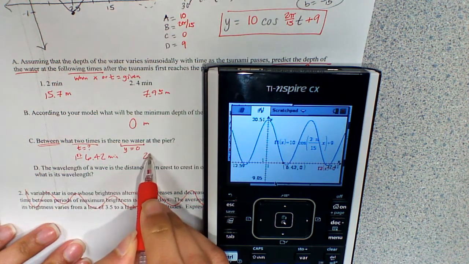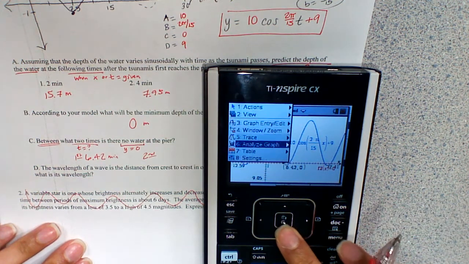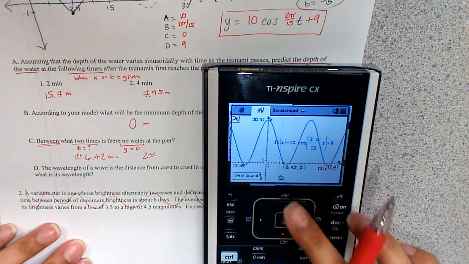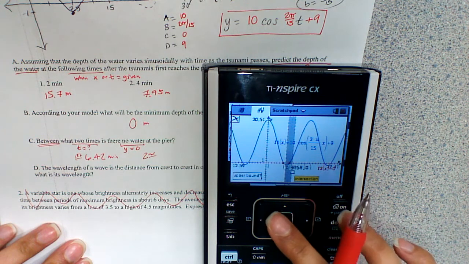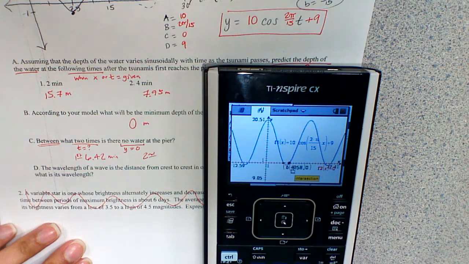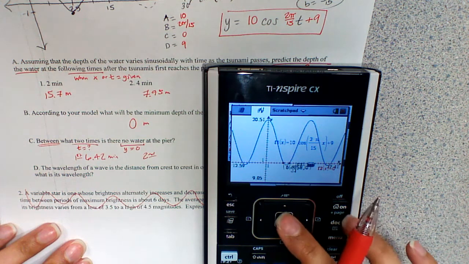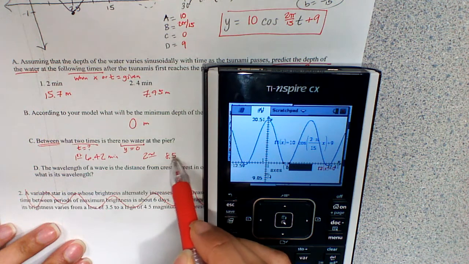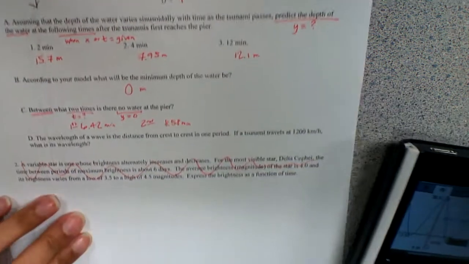And the second time will be the second intersection right next to it. So again, menu, go down to analyze, intersection. My lower bound, I'm going to go a little bit to the left of that intersection, and upper bound will be to the right side. And I don't know how well y'all can see that on your screens, but we have 8.58 minutes. There you go.